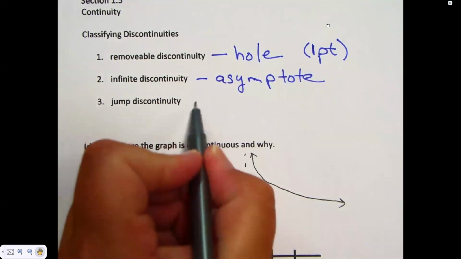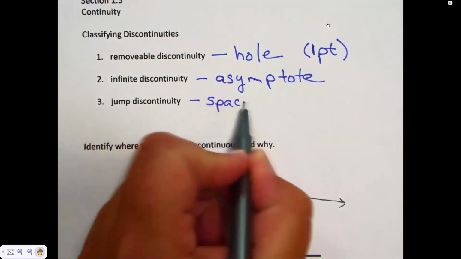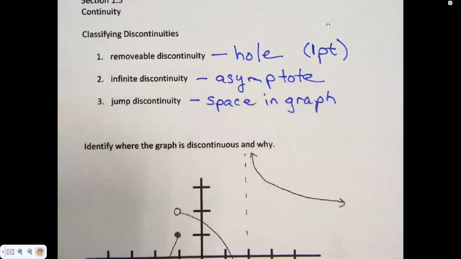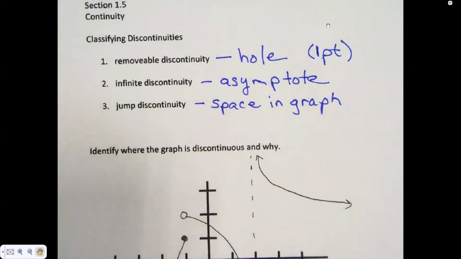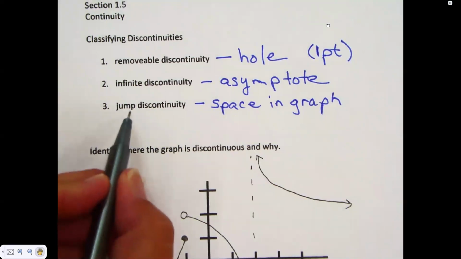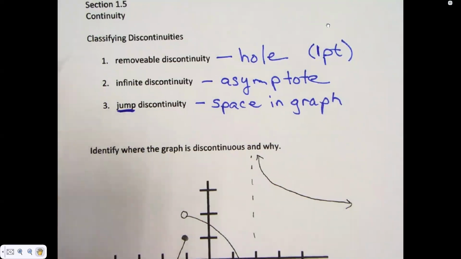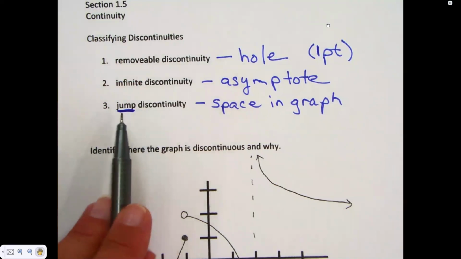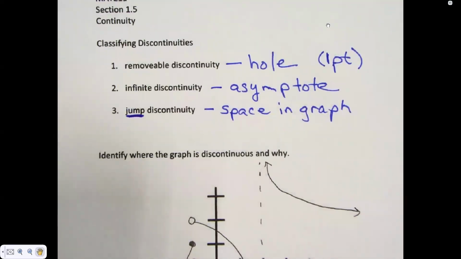Literally, you probably couldn't use a better word. These two are maybe more official, so we say hole and asymptote. But this one's right there. There's literally a jump or space in the graph. That one they named the best.